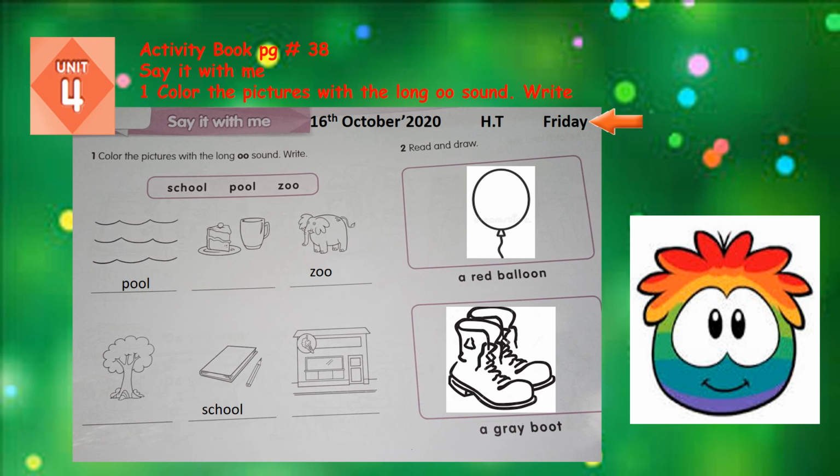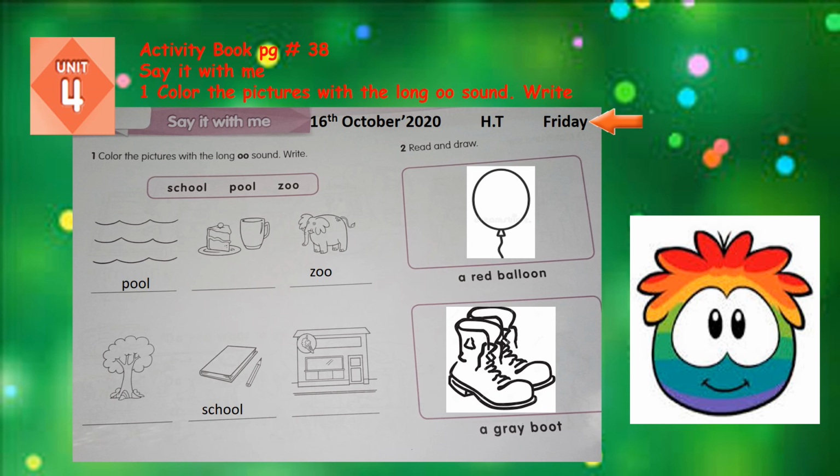Like look at the first picture, that is about waves. Where do we see these water waves? In pool. You have to write spelling of pool. Then under the elephant picture you have to write spelling of zoo because we see elephant in zoo. Then you have to write school spelling under the picture of book and a pencil.